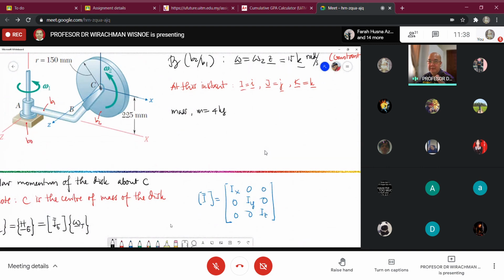Now we are talking about a cylinder. For the axis on the surface of the cylinder, I is 1/4.